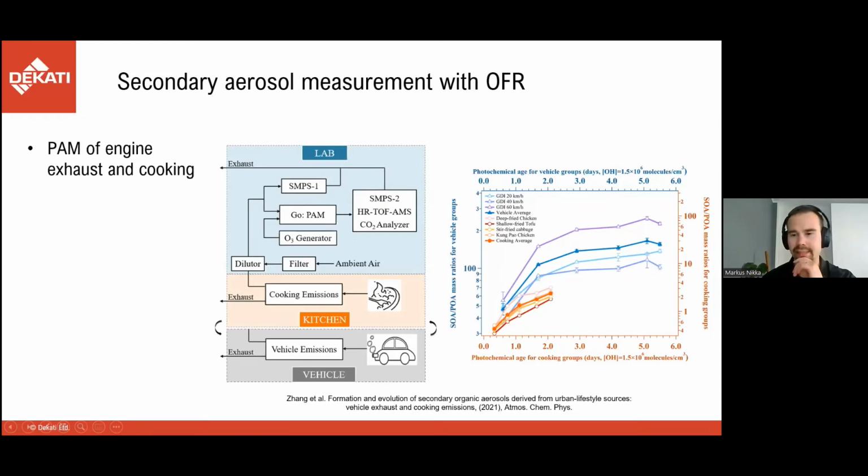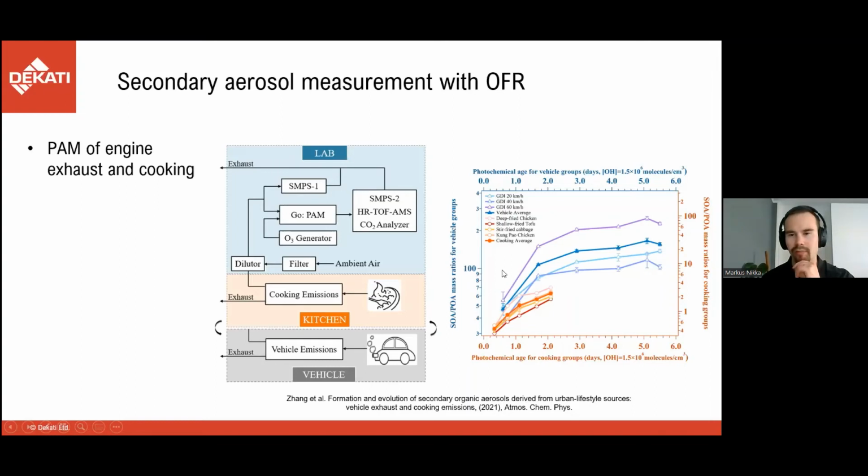And here we can see the x-axis is the photochemical age in days, and the y-axis is the relative amount of secondary organic aerosol mass compared to the primary organic aerosol mass.